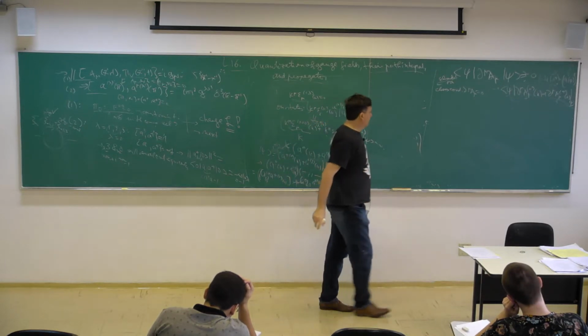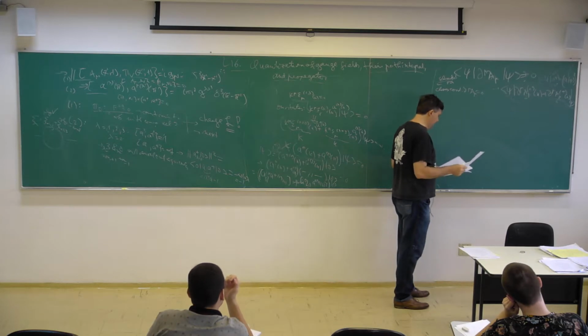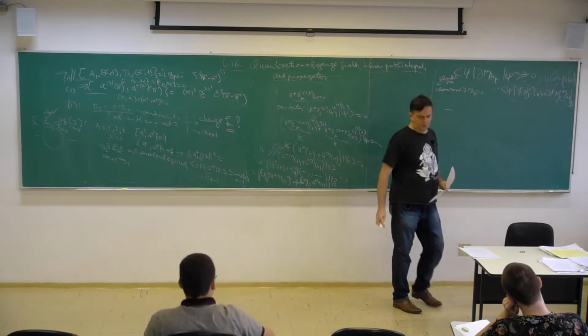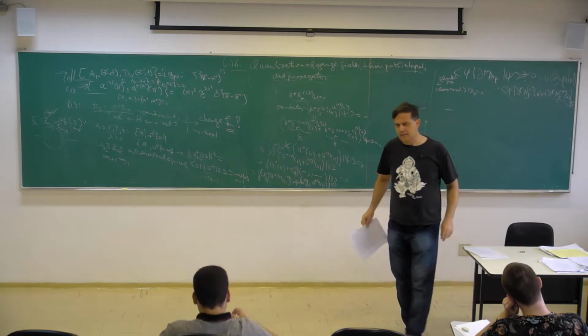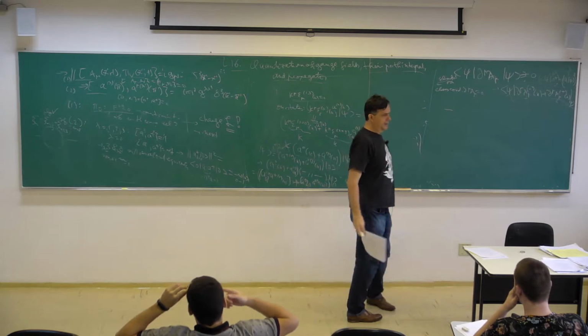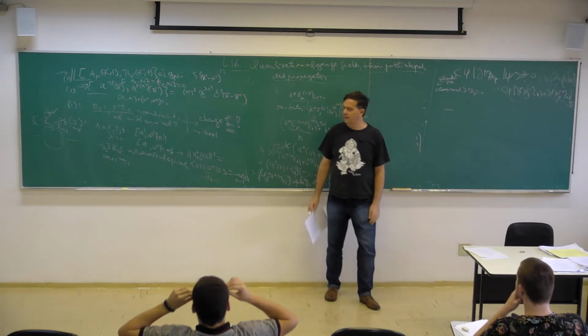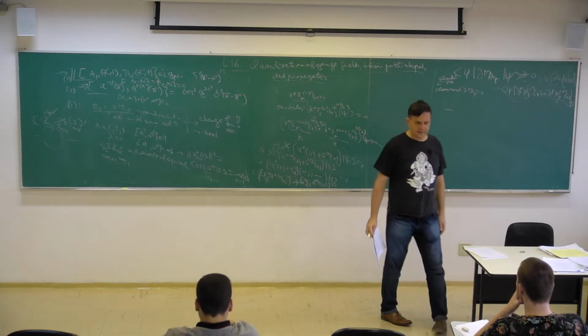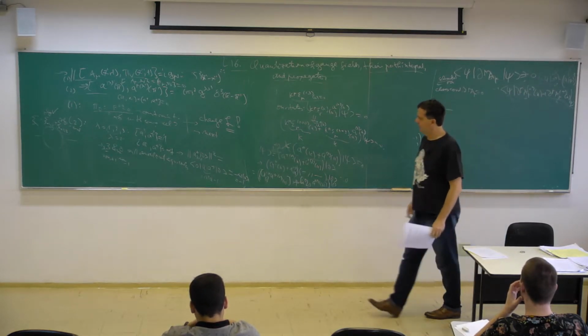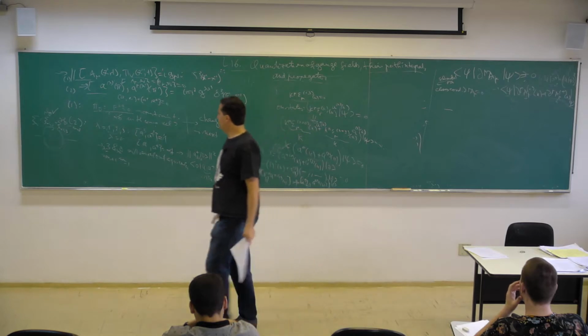Alright, so now let me pause and comment. I've shown you two ways of quantizing: one in a physical gauge and one in a Lorentz covariant way, the Gupta-Bleuler quantization.